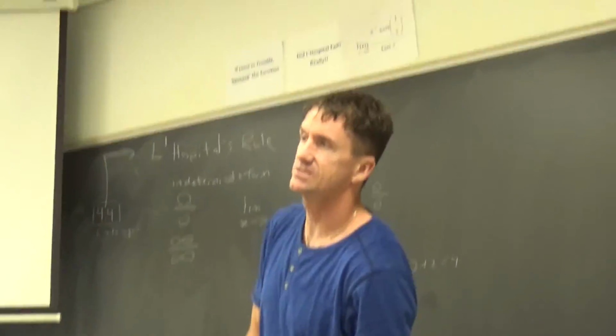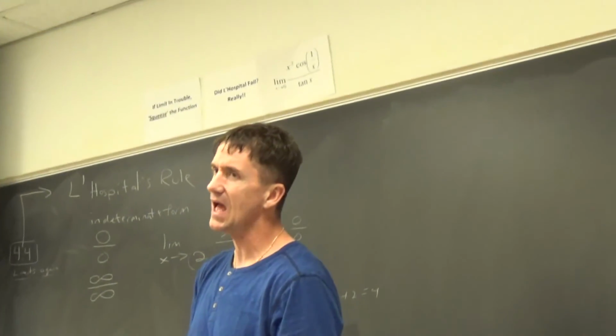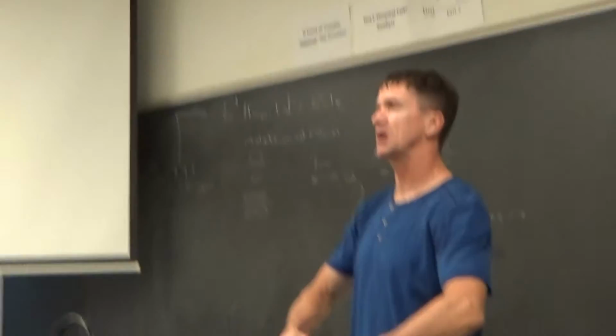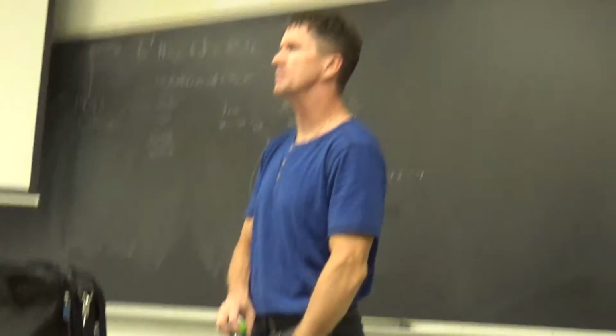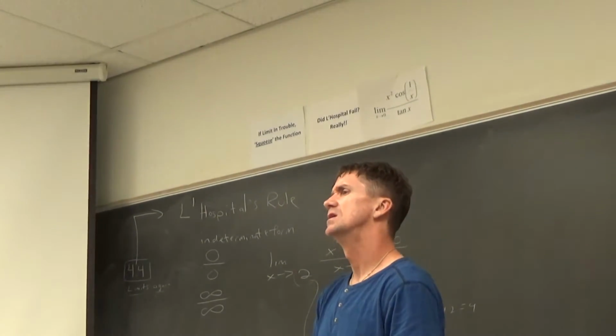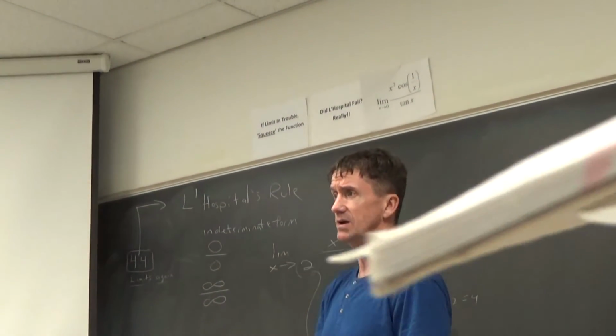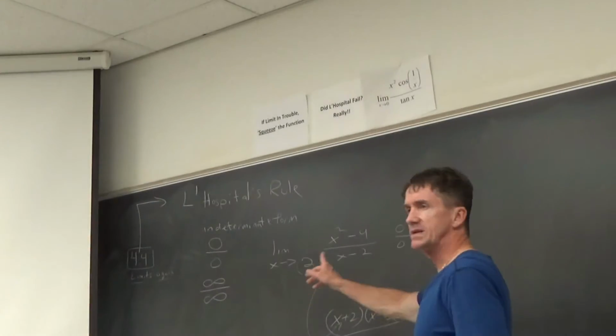I think you're going to like this section a lot better. Because back then, you and I had to be the master algebraic manipulator. We had to know about multiplying conjugates and doing common denominators, factoring, expanding things, right? L'Hopital's got it easy.